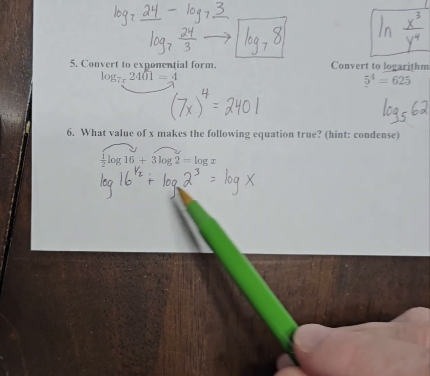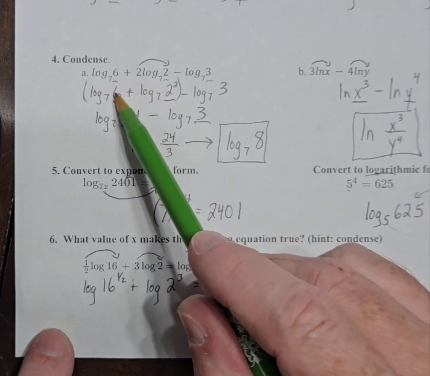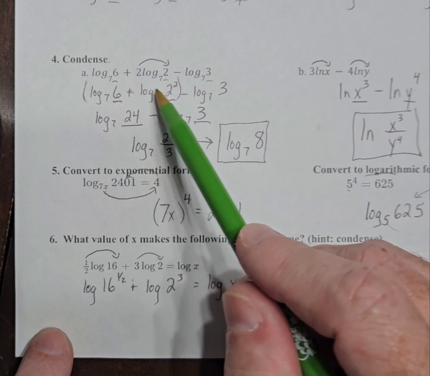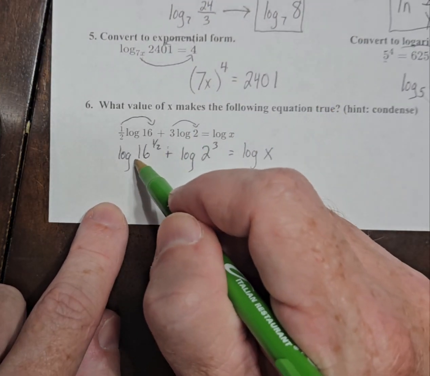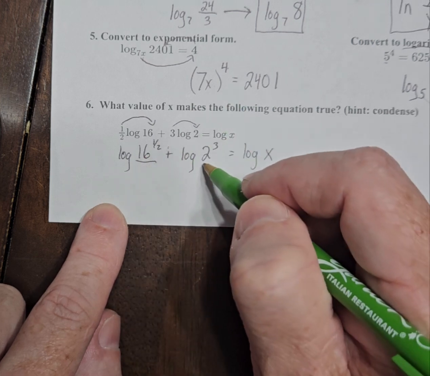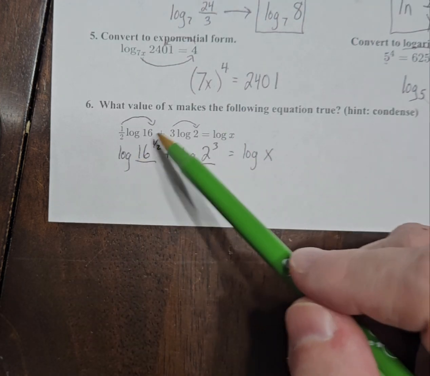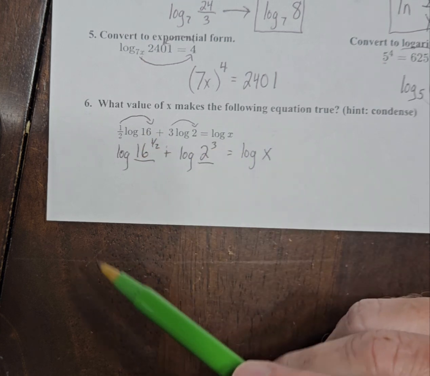So again, just focusing on the left side, we're in the same spot we were right here. When we add, we multiply. Remember, this number times that number was our 24. So 16 to the 1/2 power times 2 to the 3rd power. So 16 to the 1/2, you could just plug this and multiply it times that all in Desmos or your calculator.